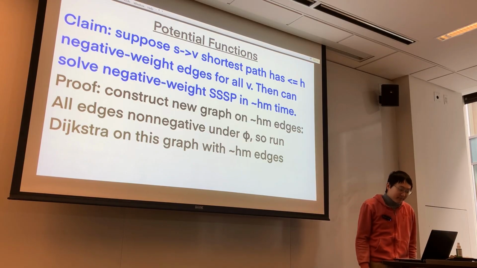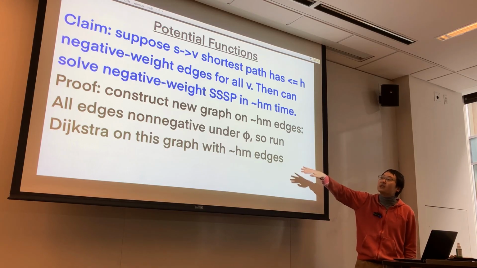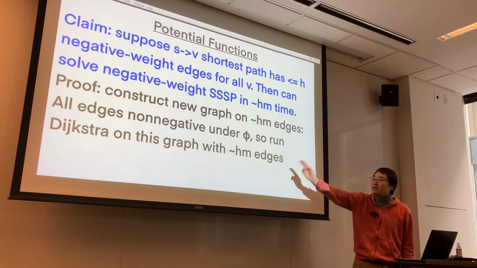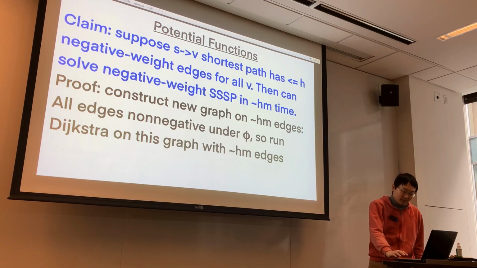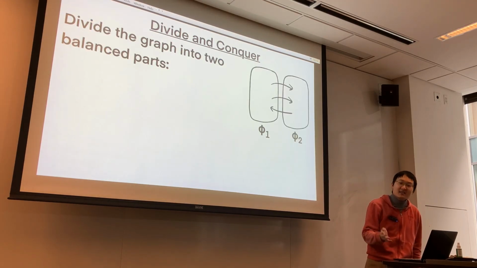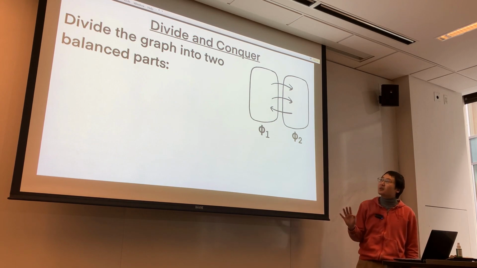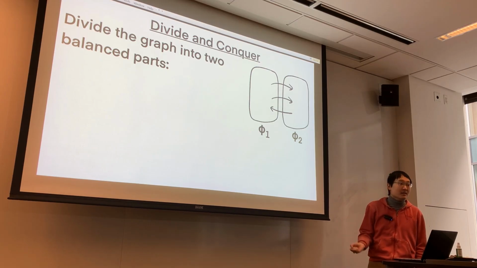Essentially, all edges are non-negative under this potential, and therefore you run Dijkstra on this graph of size h times m. That's right. So that's essentially all I'm going to talk about with potential functions. Let's continue to the next ideas.